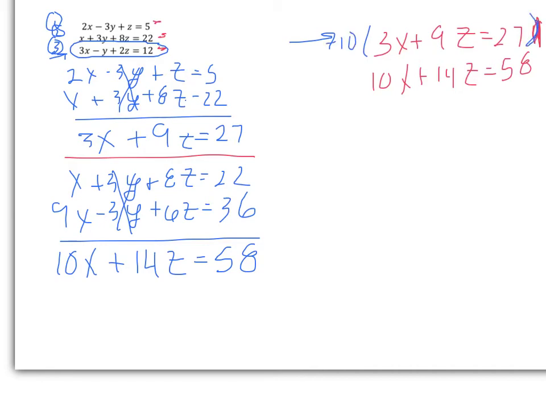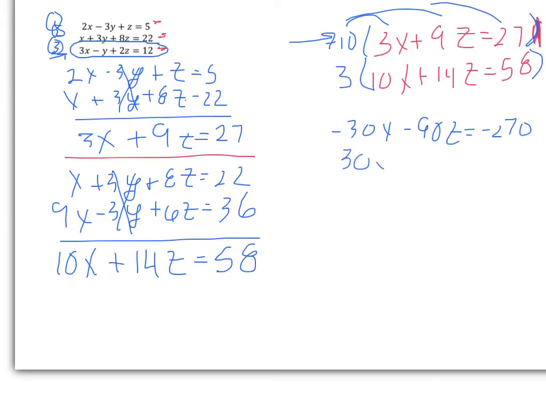Because if we think about the least common multiple between 3 and 10, it's 30. So when I distribute that in here, we have negative 30x minus 90z equals negative 270. So distribute the negative 10 on all these, which means now I need to multiply the second equation here by 3.